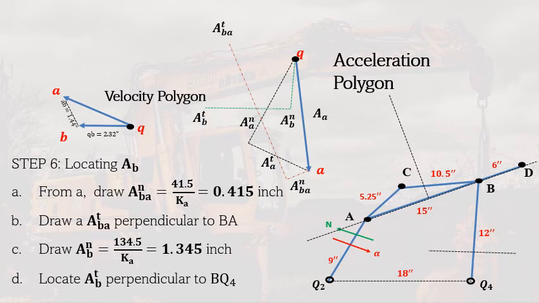As you can see here, these two lines are parallel. So this line here is tangent to Q4B, and we draw it at the head of the normal. Same as the way that we drew the tangent a while ago to the normal. So we draw it from the head of the acceleration of B normal, and we do not know its end because we do not know the actual value yet. So we get the direction of the acceleration of B tangential.